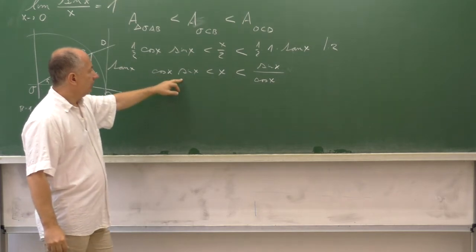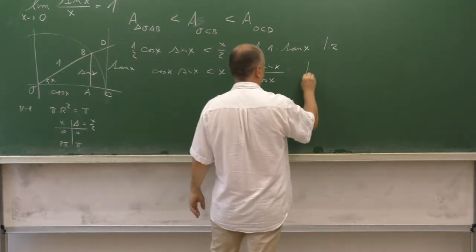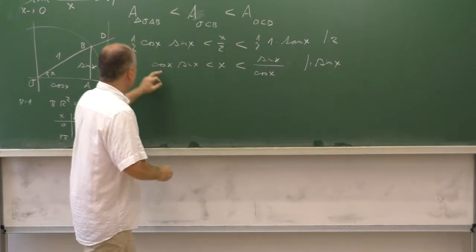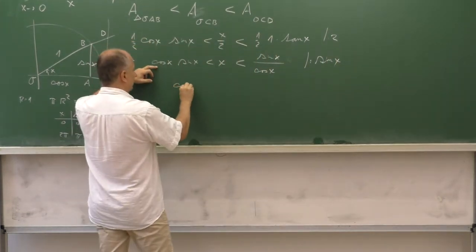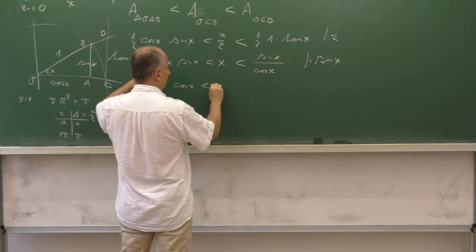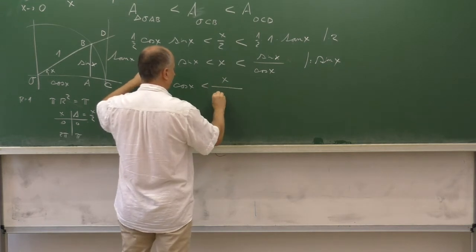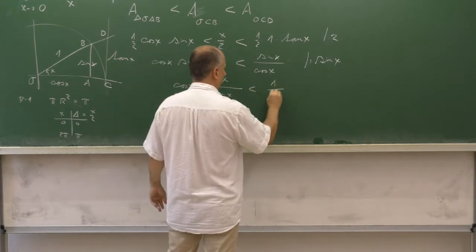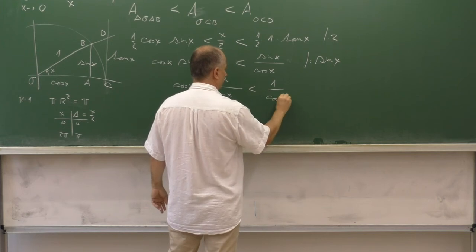Now we can divide by sine of x to get cosine of x is less than the fraction x divided by sine of x is less than 1 over cosine of x.